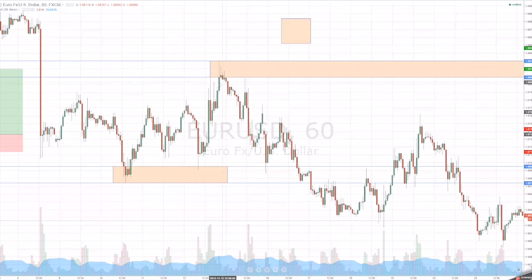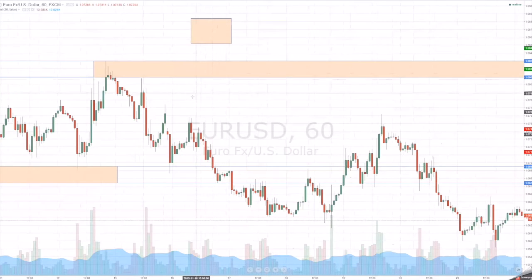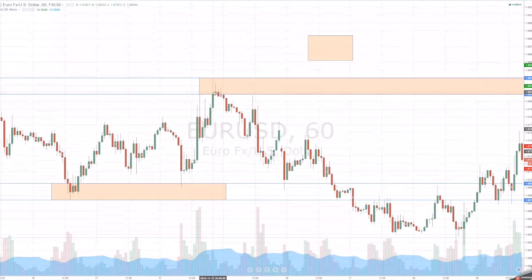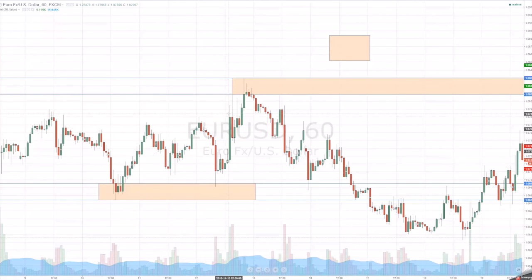And once we're actually in our supply zone, we want to be dropping down time frames to check the lower time frames, so the 15-minute time frame, the 5-minute time frame. We want to be seeing some nice wicks to the top side, and just a general change in bullish momentum, ready for a nice drop away from that level.